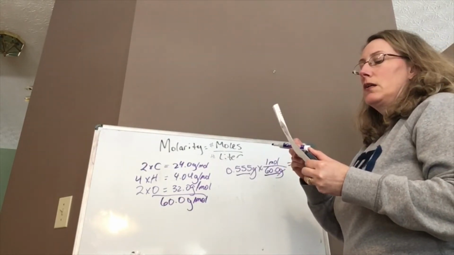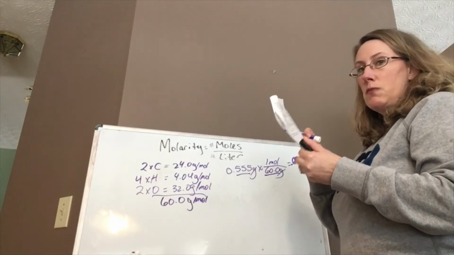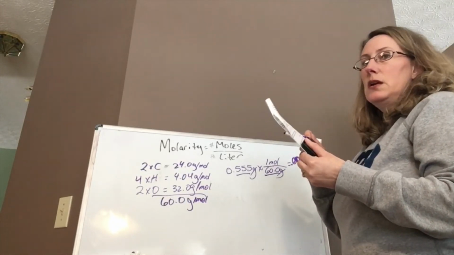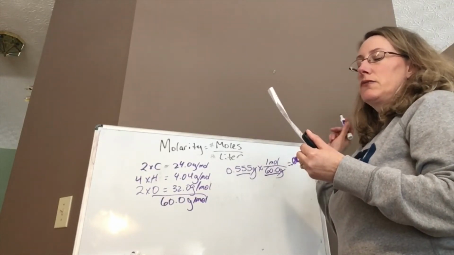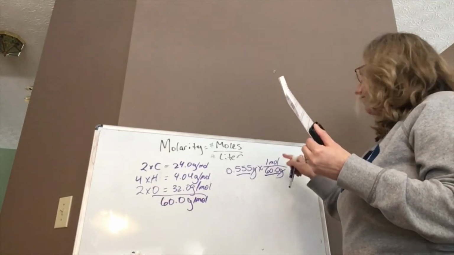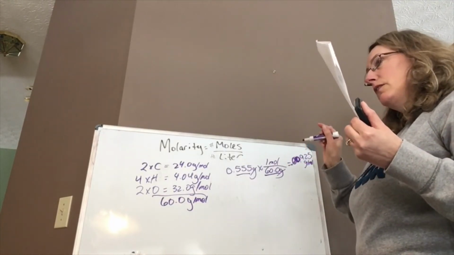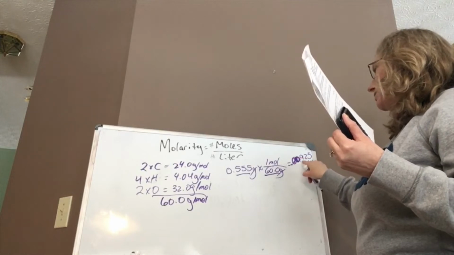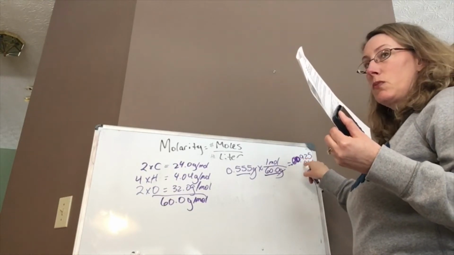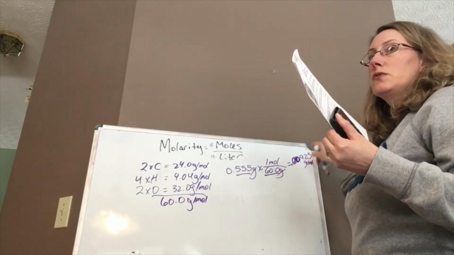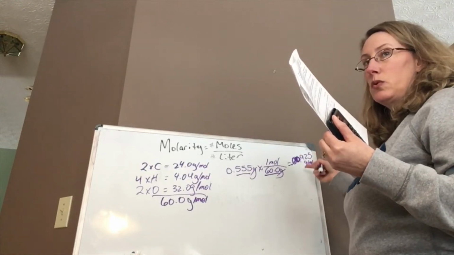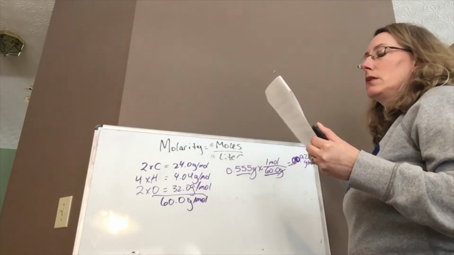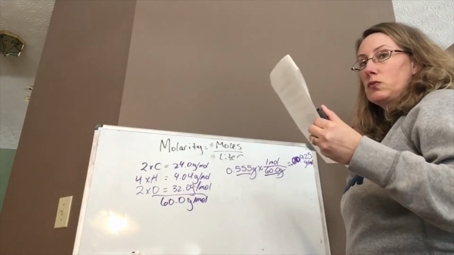For the acetic acid and the ammonia, when they mix together, there's 1 mole of acetic acid for every 1 mole of ammonia. So if I know that at the end point of titration I used this much acetic acid, that's how many moles I had, then I should use that exact amount of moles of ammonia because it's a 1-to-1 ratio.